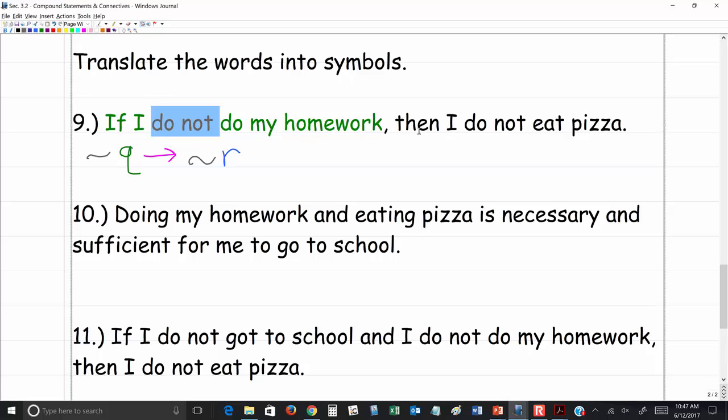In order to do it that way, it would have to be, it is false that Q implies R. It would have to be a weird statement like that. In that case, yeah, you would have the tilde on the outside of the parentheses. Q implies R.